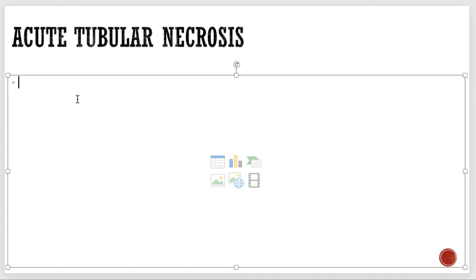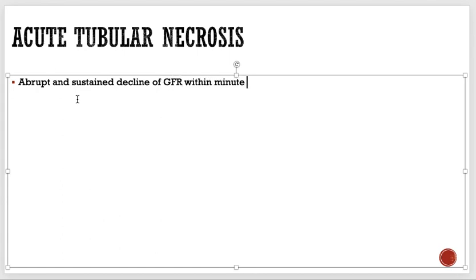The simplest definition of this one can be an abrupt and sustained decline of glomerular filtration rate within minutes to days after ischemic or nephrotoxic insult to the kidney, okay, or the tubules, right?